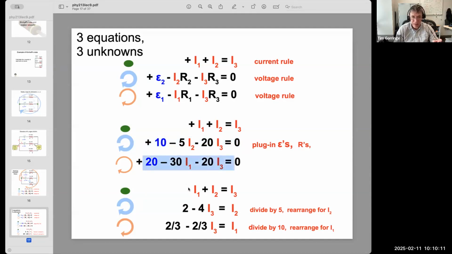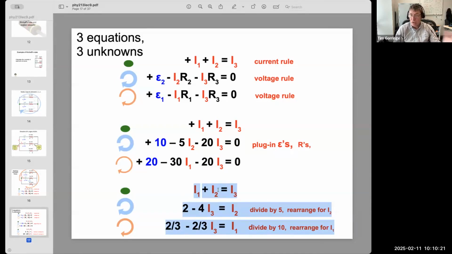So let's step down here and look at how I did that. The top equation is unchanged. That's the current rule, that if you add together I1 and I2, you get I3. The lower equations I've rewritten. This is just basic algebra: I2 equals 2 minus 4 I3, a relationship of I2 to I3.